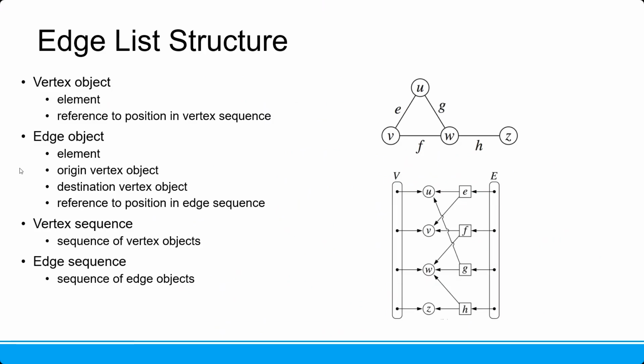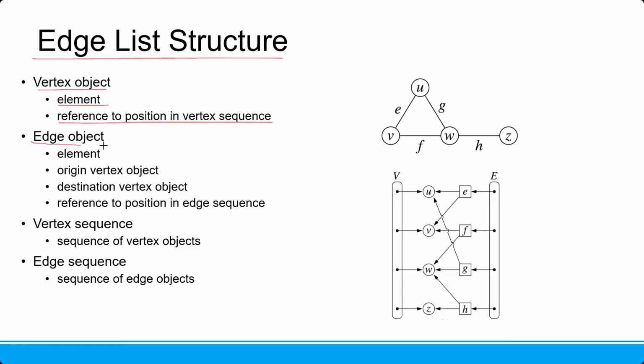In the graph, we can have several kinds of structure. The first structure, we call it the edge list structure. So in the edge list structure, we have the vertex object. The vertex object has an element, and there is a reference to its position in the vertex sequence.